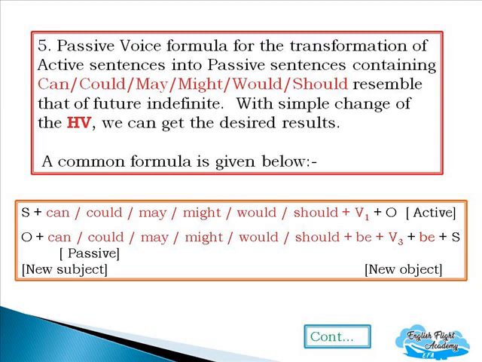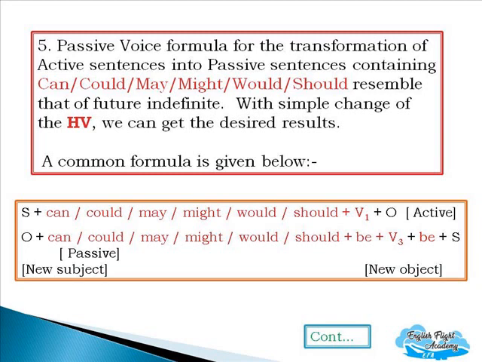So the fifth point here is, the passive voice formula for the transformation of active sentences into passive sentences containing can, could, may, might, would or should resembles that of future indefinite. What is future indefinite? Simple future. With a simple change of the helping verb, we can get the desired results. A common formula is given over here with the modal verbs.